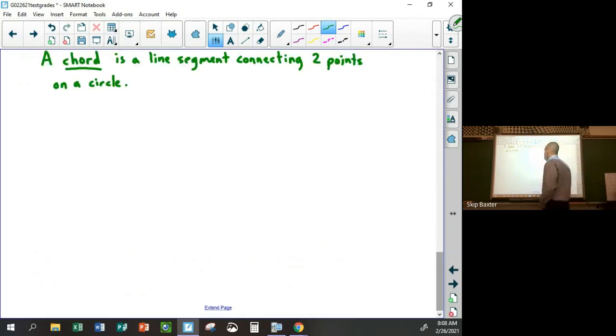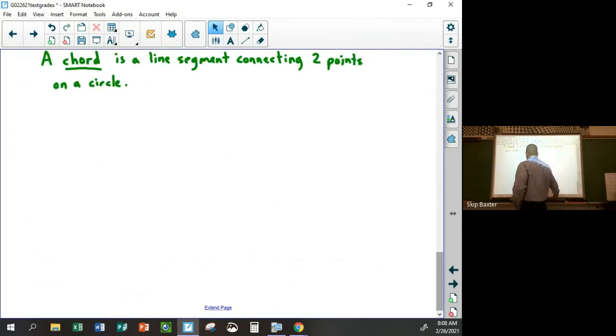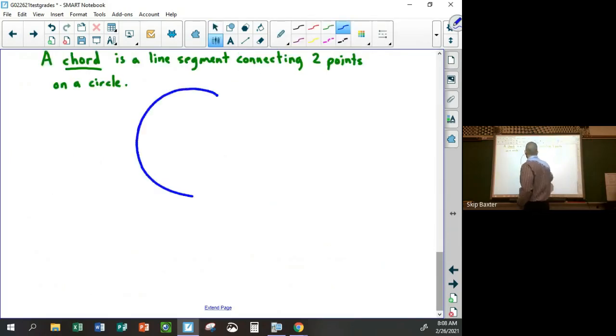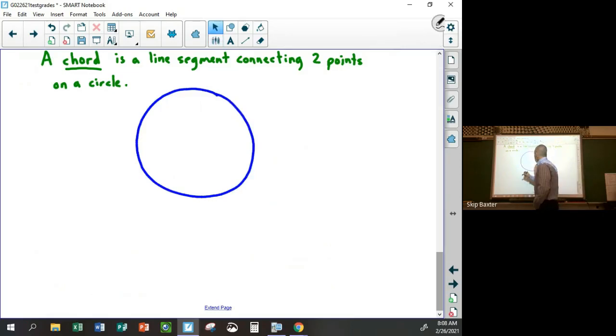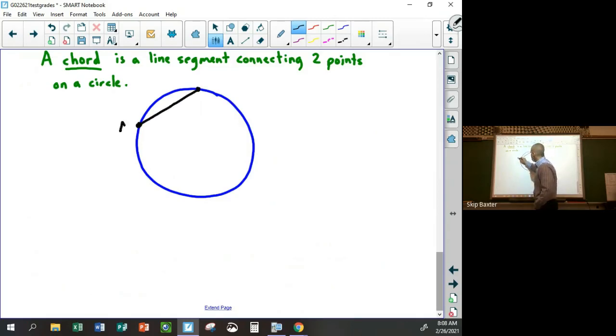Okay, so I could have a circle, and a chord would just be a line segment that connects any 2 points, like that. This is AB, and you would say AB is a chord.